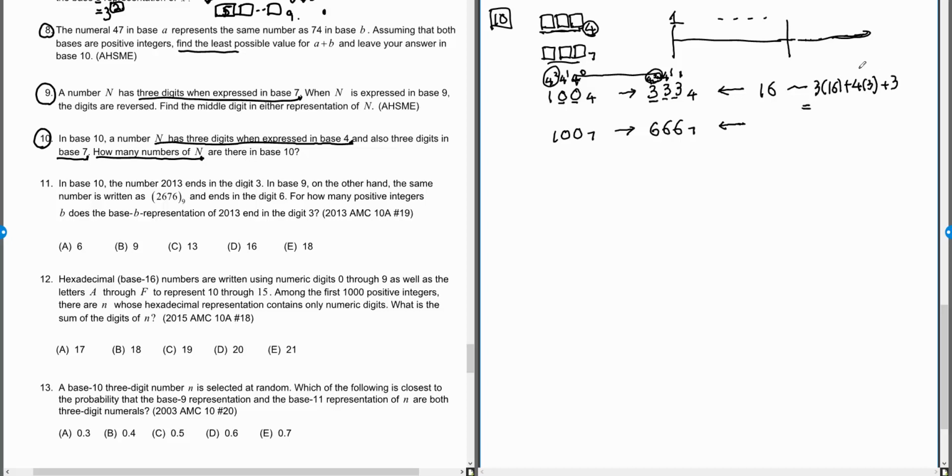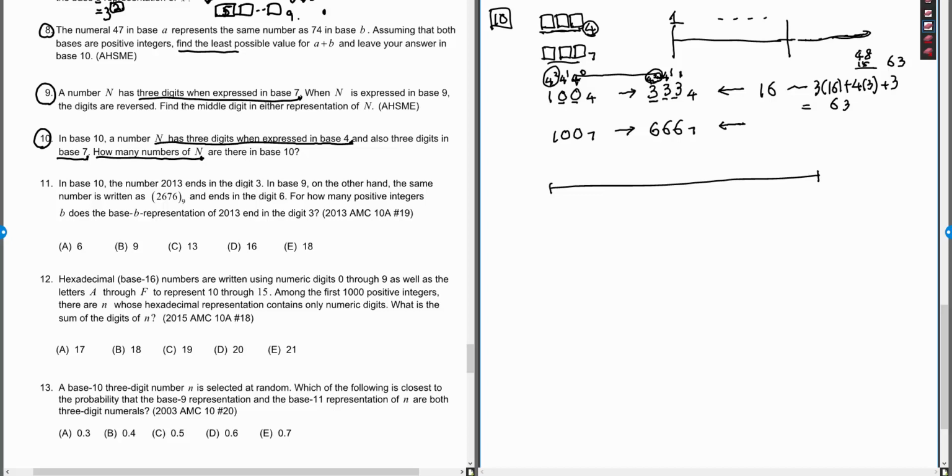How much is that? 48, 12, 15, 63, right?